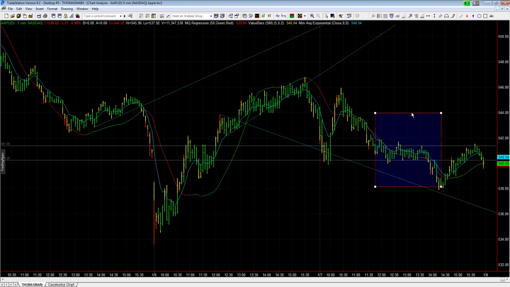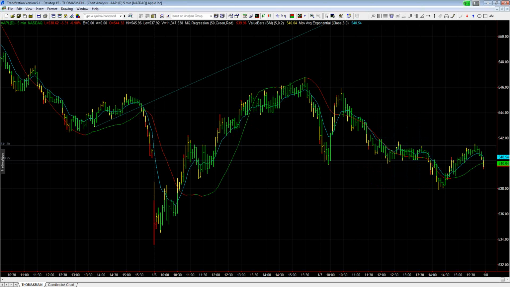Today you had a nice channel that Apple was trading in for a little while there. Sorry about that. Turn off my volume. You had a nice channel that Apple was consolidating in for a little while here. It finally broke out right there, retested the resistance that was previous support. Like I said, sometimes you'll end up seeing it retest the support instead of the resistance at the high.